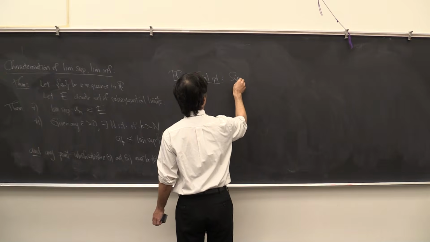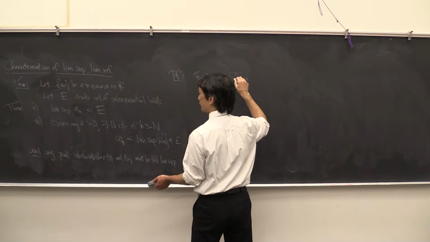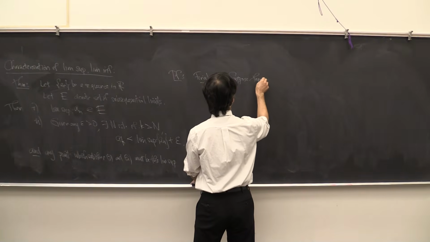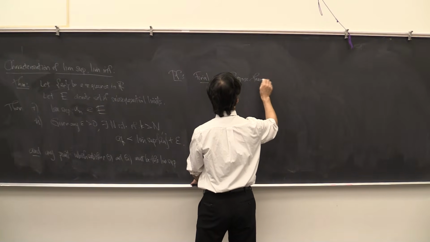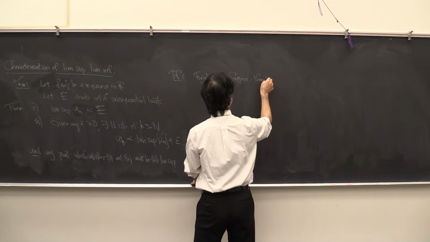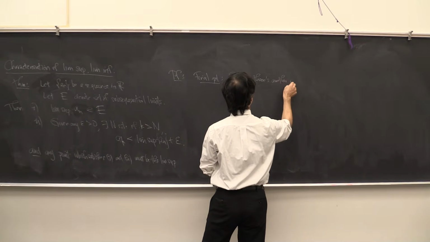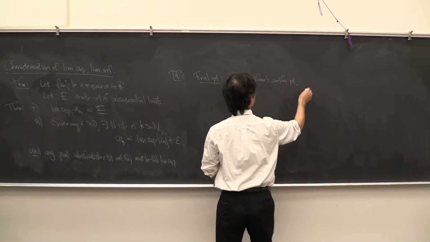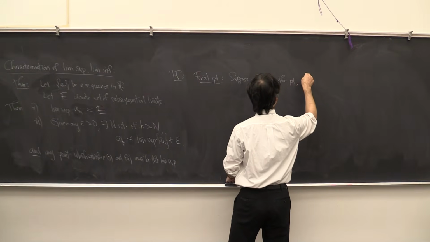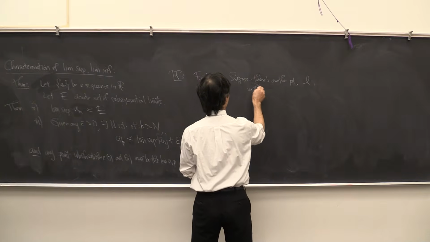Right. Suppose there are two things with that value, right? Let's say it this way. Suppose there's another point, L, with those two properties.